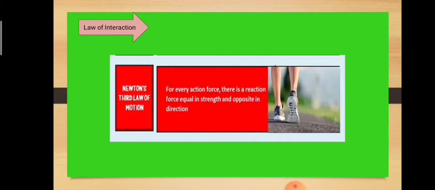The third law of motion is commonly stated as: for every action there is an equal and opposite reaction. And here are the following examples of action-reaction pairs of forces.